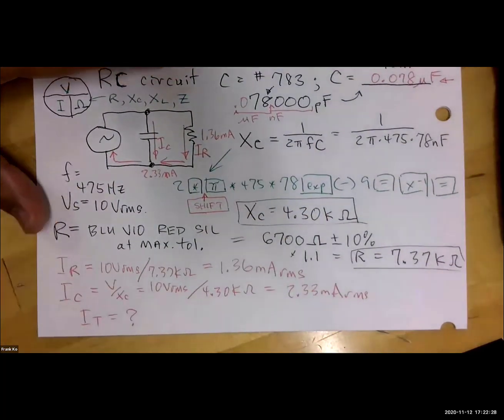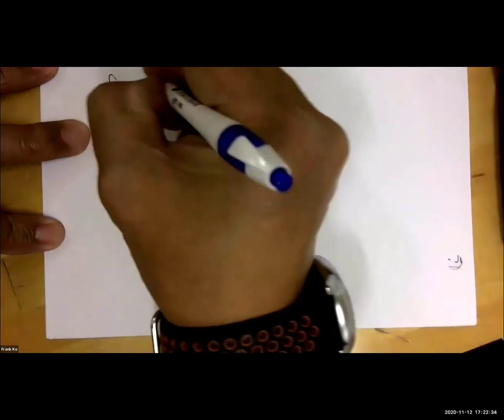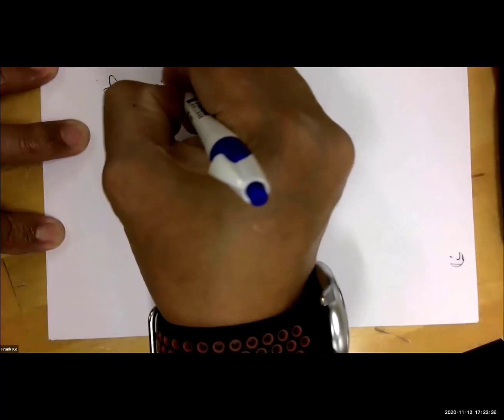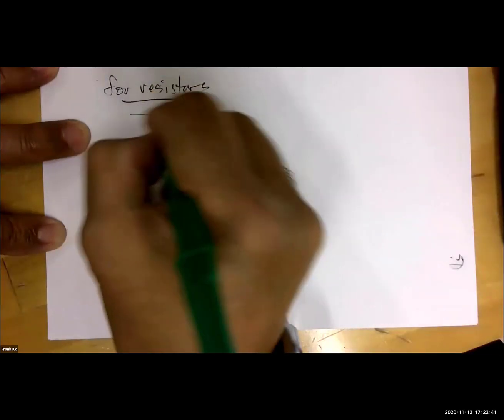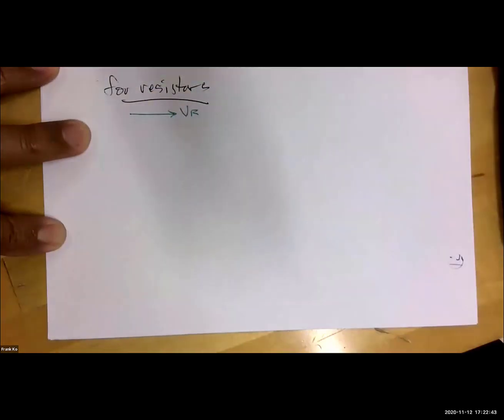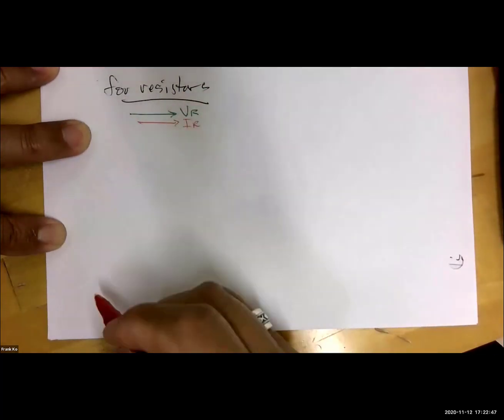Why is that? Let me show you what's going on. For resistors, we have this kind of phase relationship: VR moving in phase with IR.